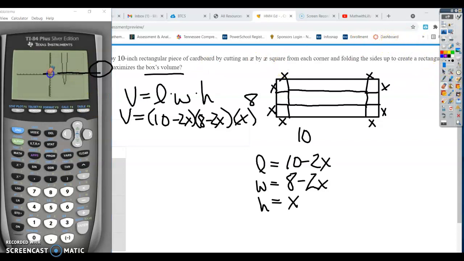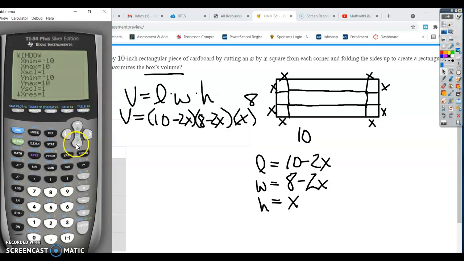All right, now what we can see here is that it goes up, but you can't see the maximum here, and then it comes back down to the minimum. So let's change this maximum. It looks like it's going to go way higher. So let's go to window, and let's change. We don't need the x's changed. We need the maximum y value changed, because when you're looking at the top, when you're looking at what's the height here, that's your positive y's.